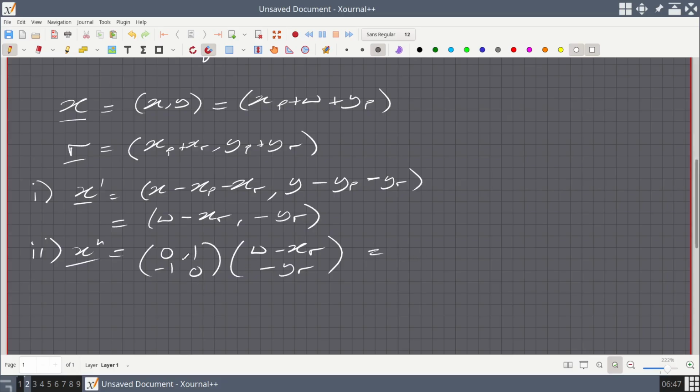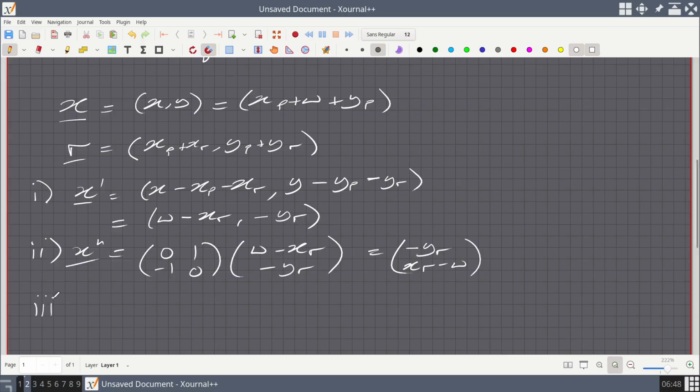So you go across by down, gets you 0. So 0 times this is 0, plus 1 times this is -1. So you get minus yr. Minus 1 times this is xr minus w, and 0 times this is 0, so we get that.